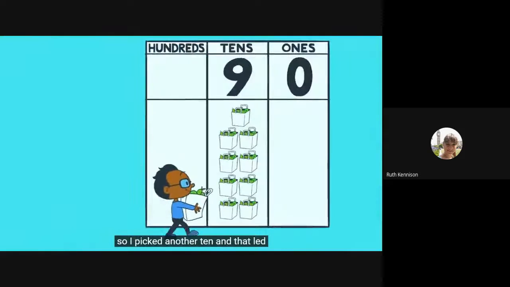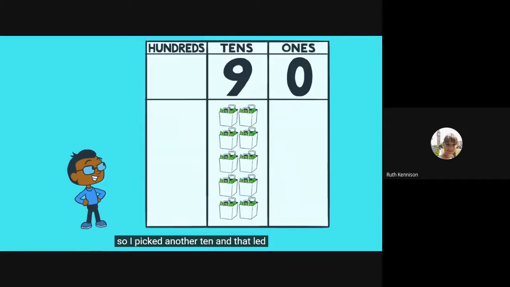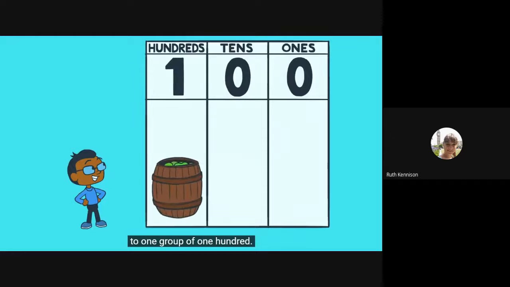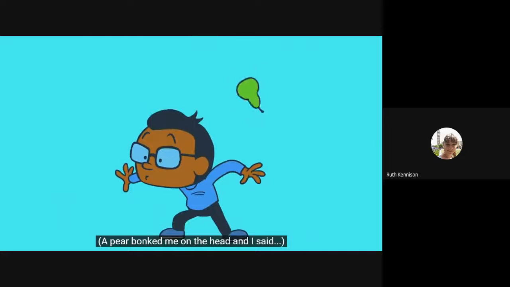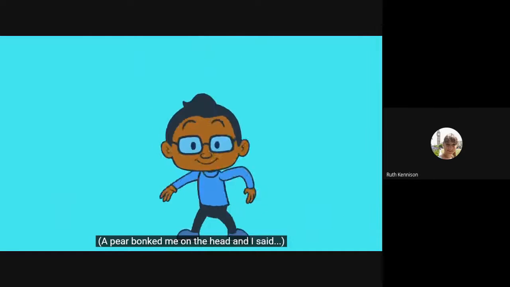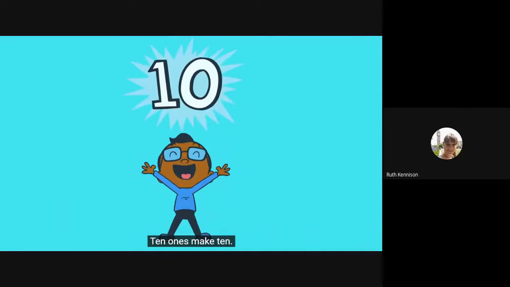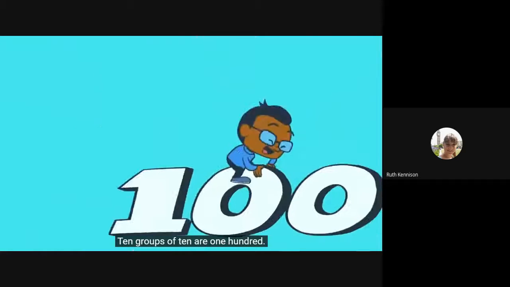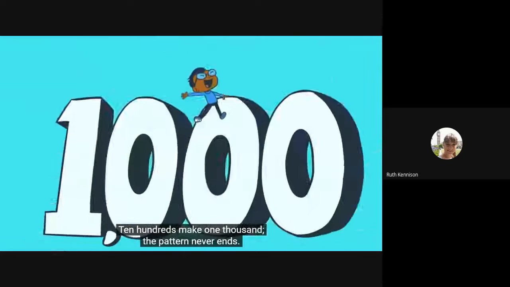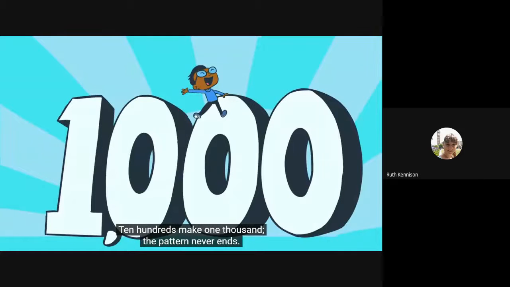So I picked another 10, and that led to 1 bog 100. Pair bumped me on the head, and I said, 10 ones make 10. 10 groups of 10 are 100. 10 hundreds make 1,000. The pattern never ends.